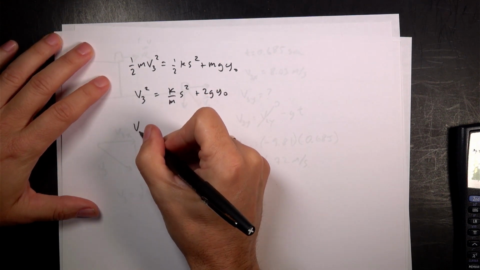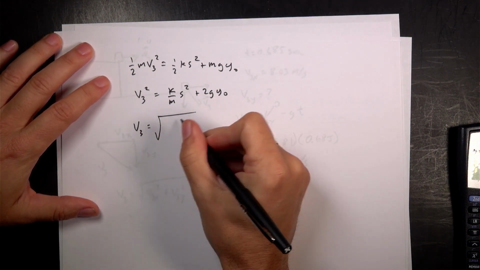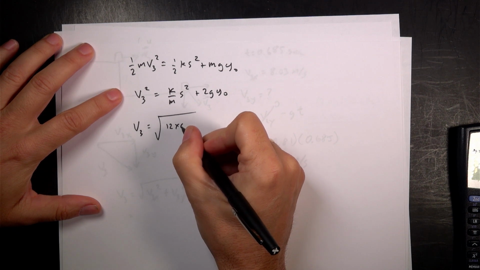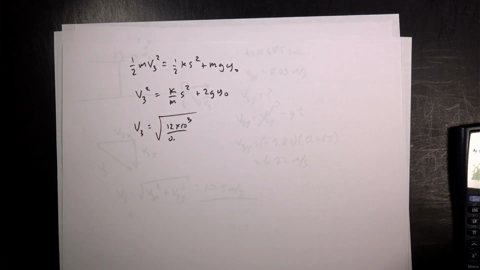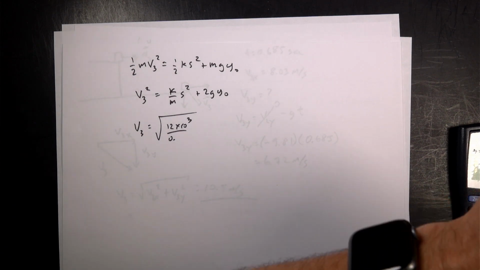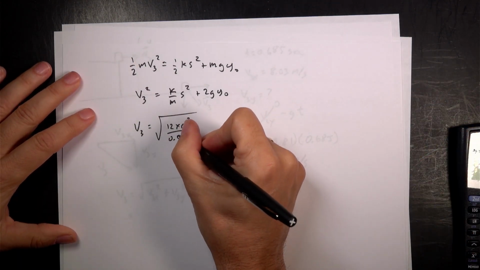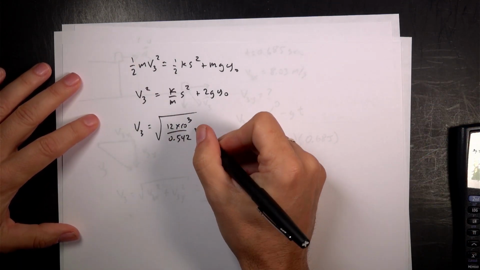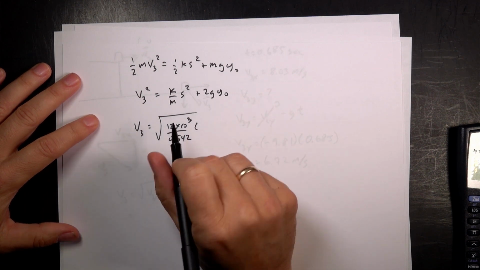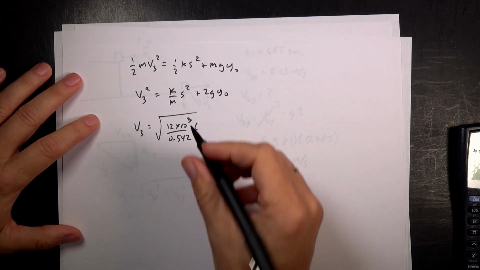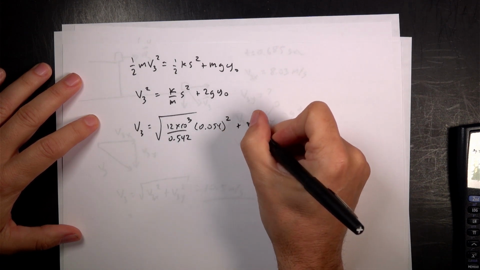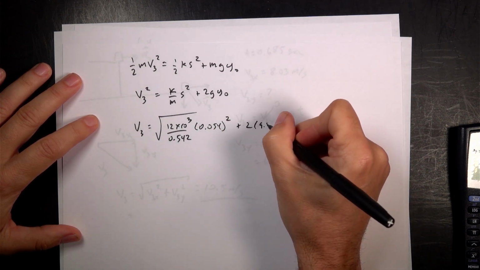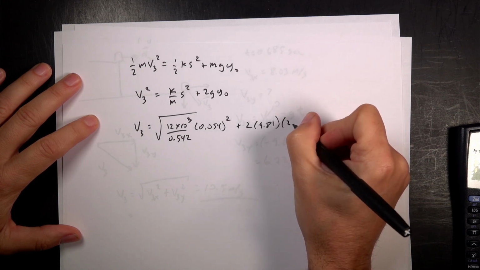So if I plug it in, I get V3 equals the square root of k, 12 times 10 to the third, over the mass, what was the mass? 0.542, times this compression, which was, goodness, 5.4 centimeters, 0.054 squared, plus 2 times 9.81 times 2.3.